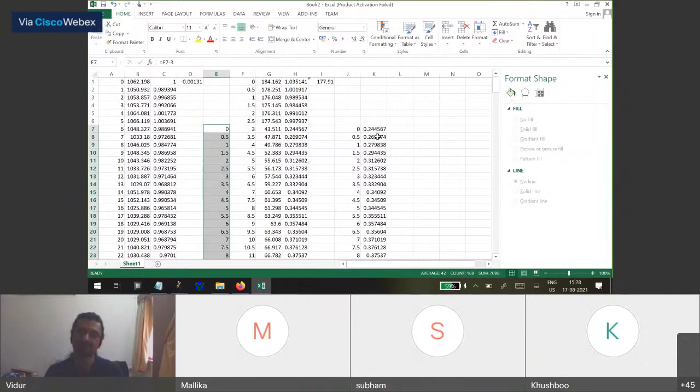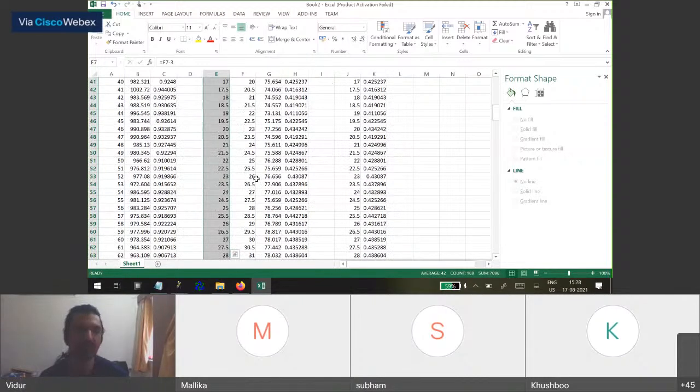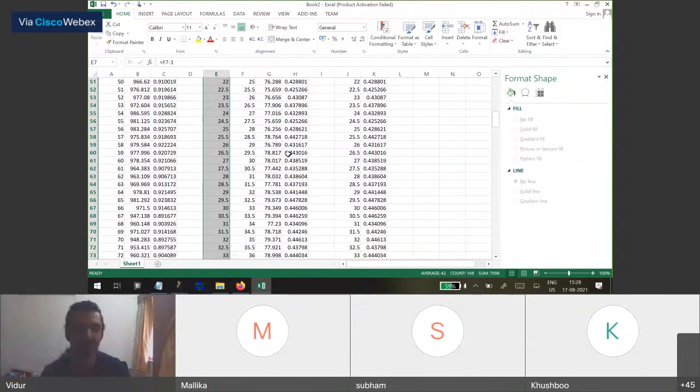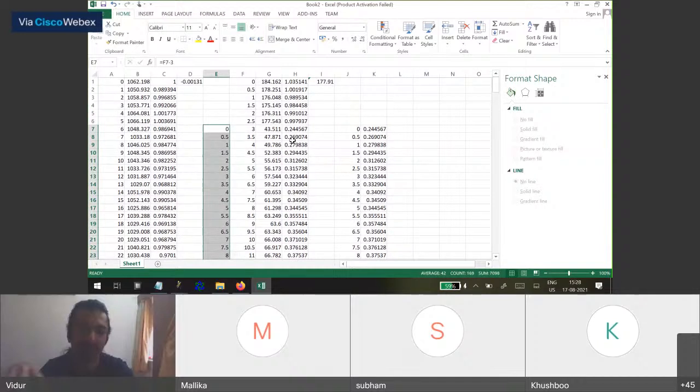To paste it, because it's coming -3 wherever I'm pasting it to another cell. Yeah, just remove those -3. Everything is coming -3, whatever I'm pasting.